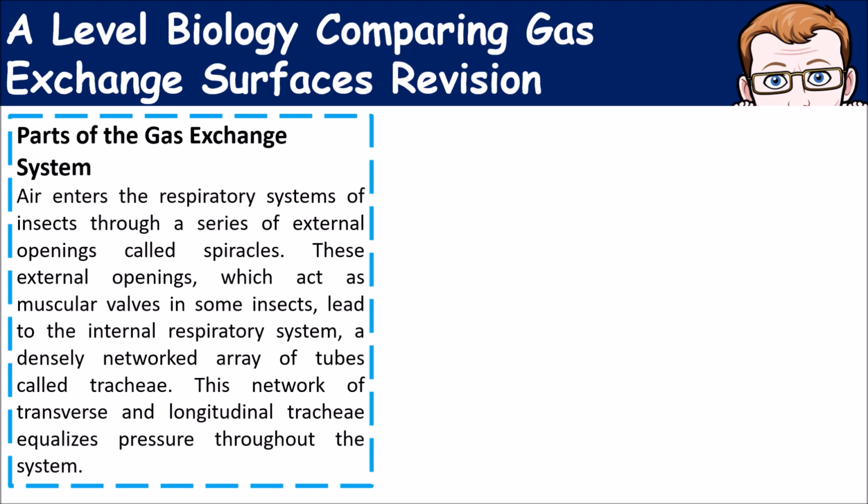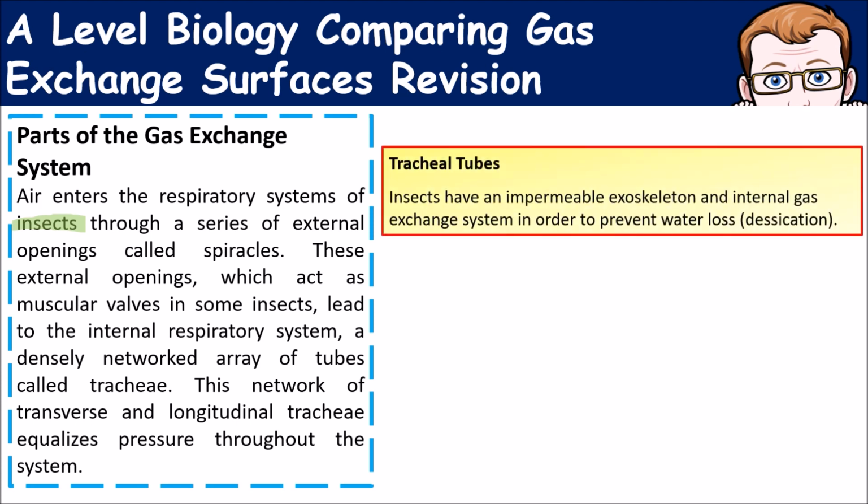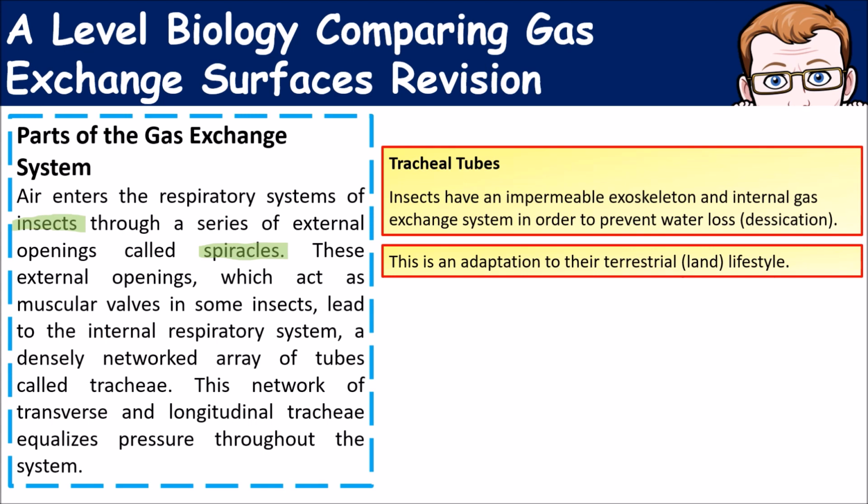it's worth remembering that air is entering the respiratory systems of insects through various openings called spiracles. These spiracles lead to a network of different tubes leading down into the insect. So insects have tracheal tubes.